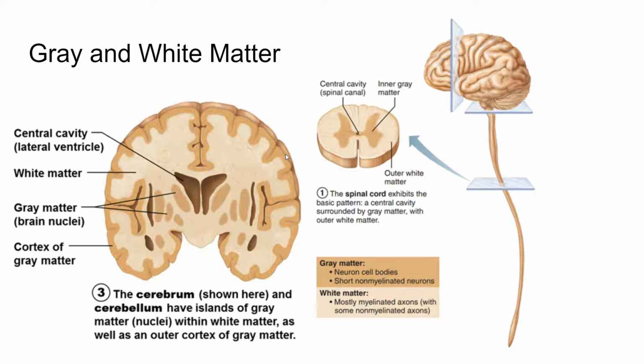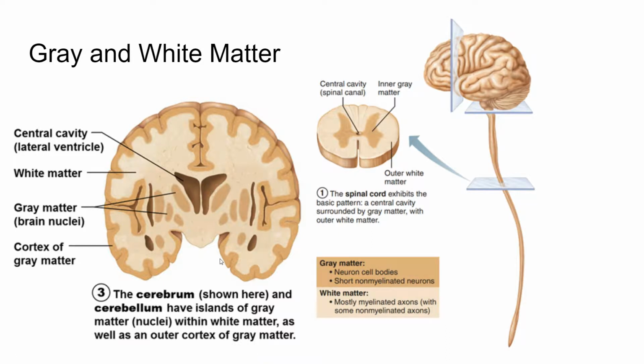Non-myelinated, so it does not have the myelin sheath on it. So these are shorter neurons. Some of them are just cell bodies. And then the white matter, which is on the inside, these are myelinated neurons, and there are some non-myelinated axons in there as well. You can kind of see that. Actually, all of what I just said is a shortened version right there.